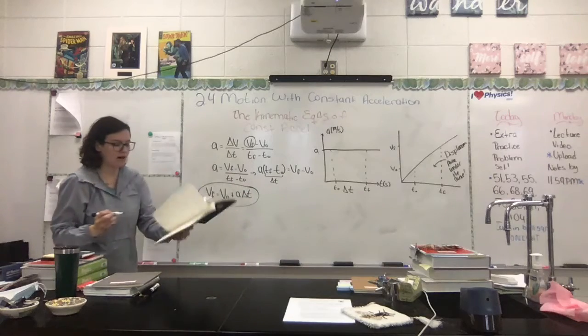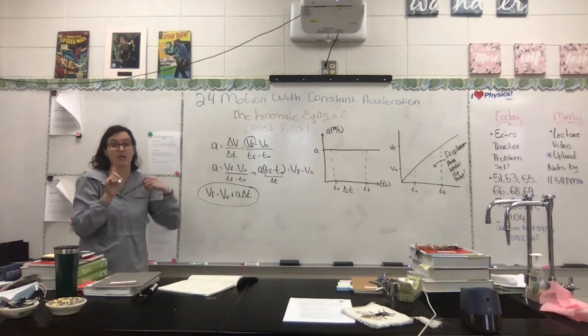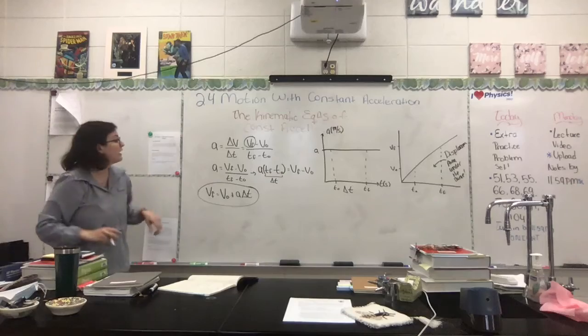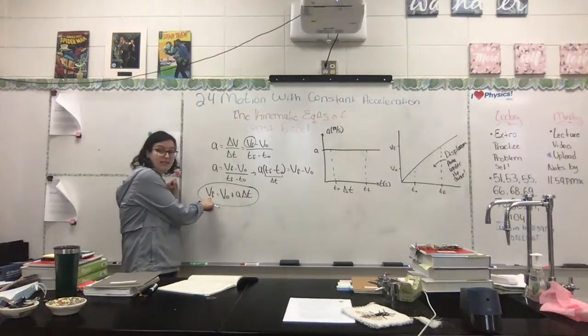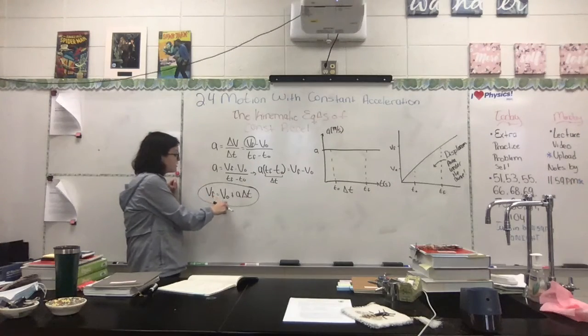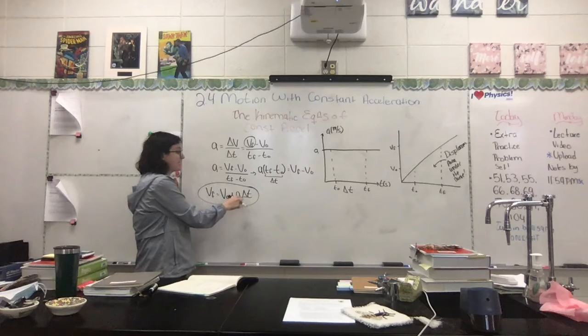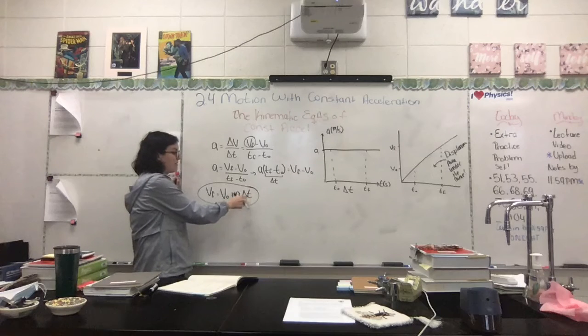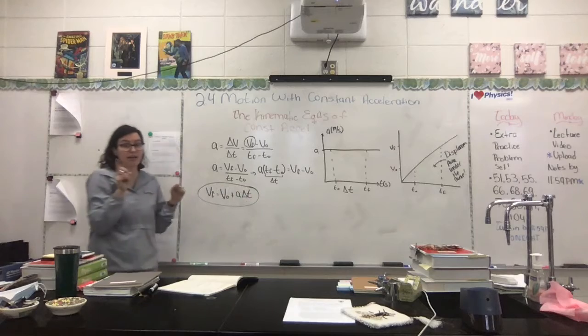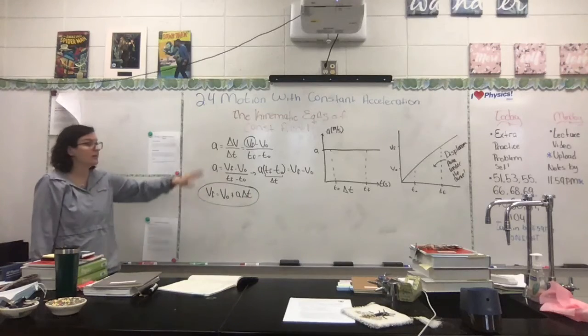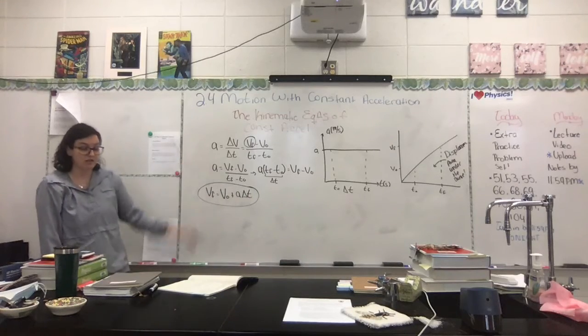This is one of our very first kinematic equations, all right? Final velocity is equal to initial velocity plus acceleration times our change in time. This is our very first kinematic equation. We just derived it from our equation for average acceleration, okay?